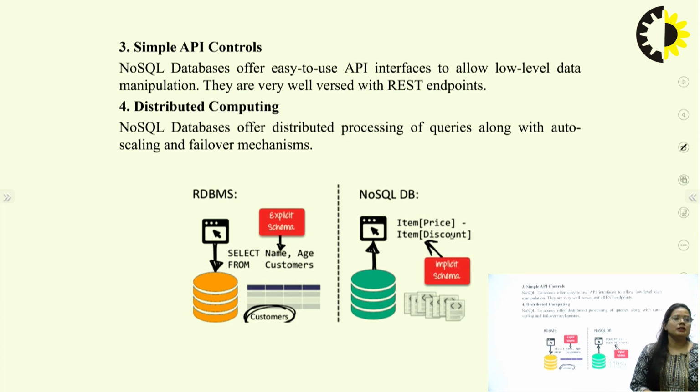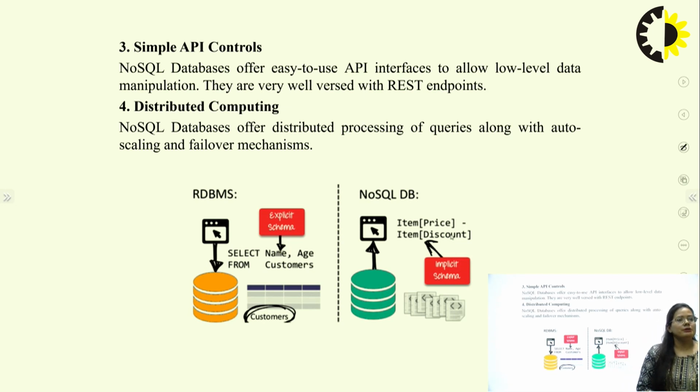So, the third feature is simple API control. NoSQL database offers an easy to use API interface to allow low level database manipulation. They are very versed with REST endpoints.